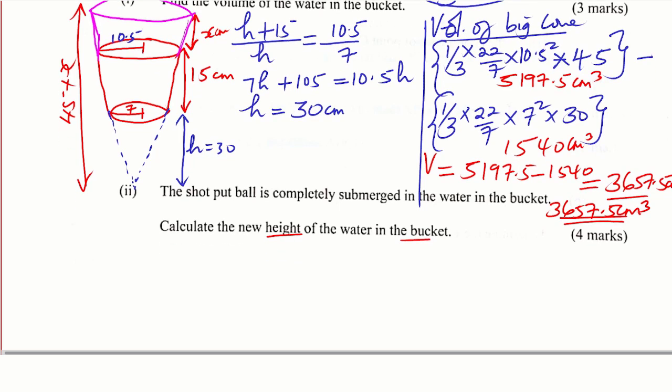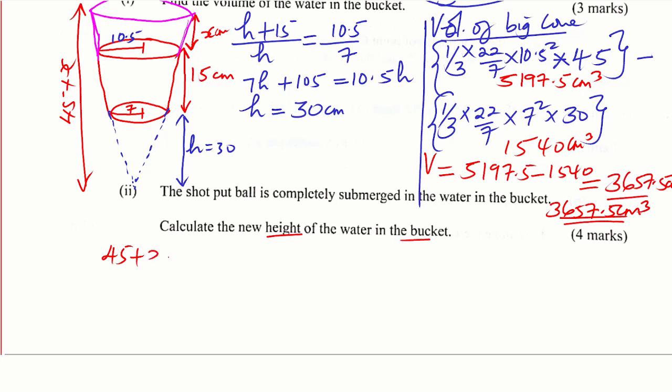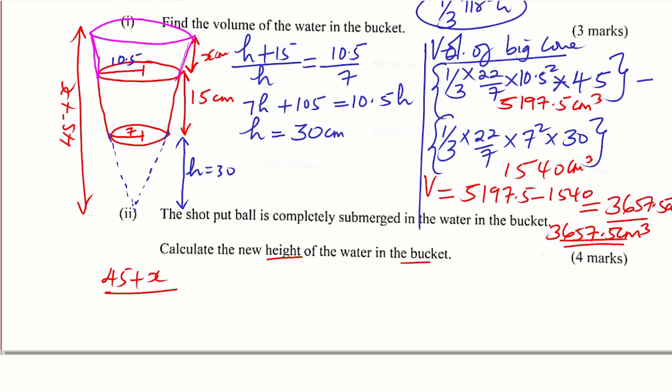So using similarity, the height of the big cone, 45 plus x, divided by the height of the smaller cone, which is 45. Look at the cone that we're using, the cone with the height of 45, from 30, 15 up to this level, is equal to the radius of the big cone.